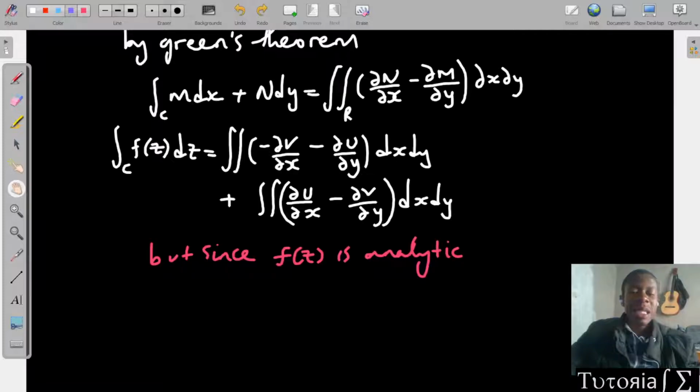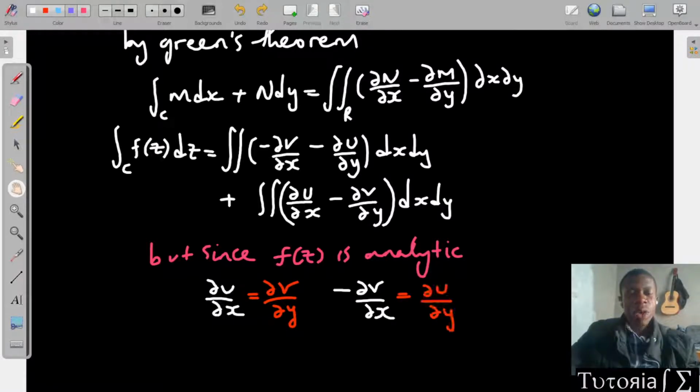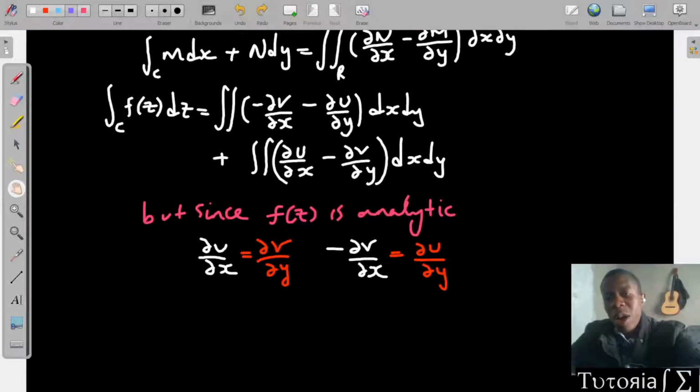And the CR equations state that du/dx is equal to dv/dy, and negative dv/dx is equal to du/dy. So in our previous equation, wherever there is du/dx, we can replace it with this, and where there is negative dv/dx, we can replace that, or we can choose to replace where there is du/dy with negative dv/dx, then this will be plus, and where there is this, we replace that.